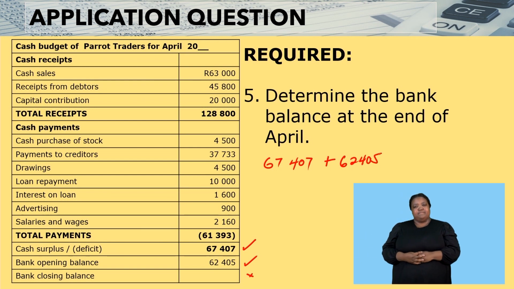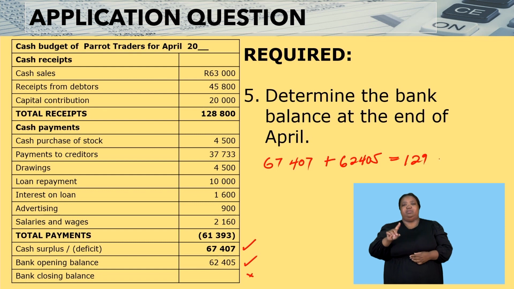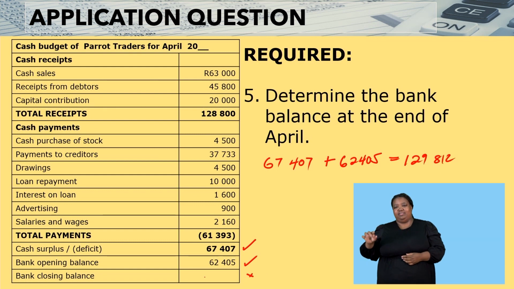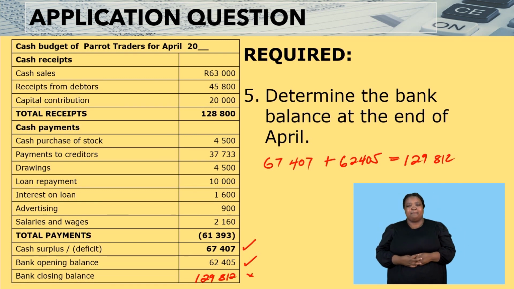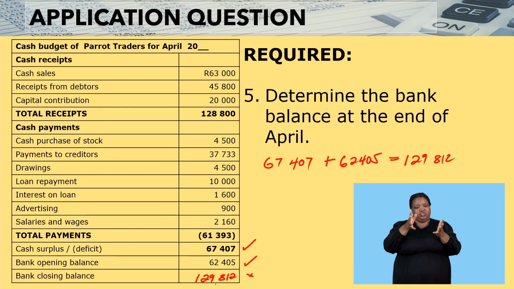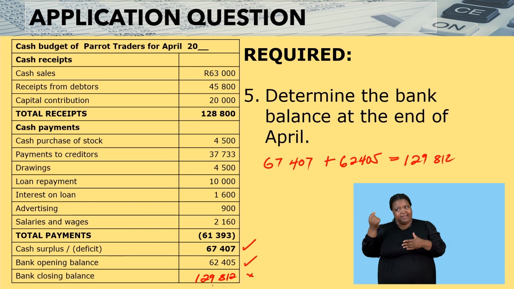If I add these two, that will give me 129,812. This is what I bring here. That gives us our bank closing balance.